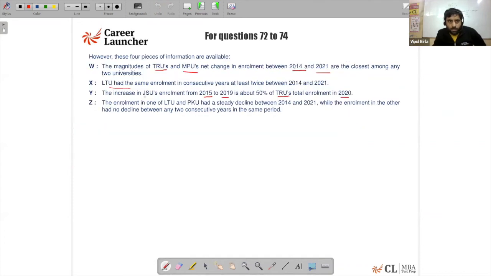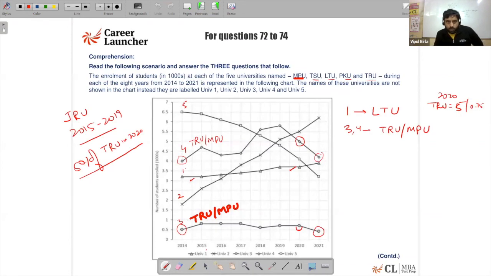So basically JSU's increase from 15 to 19. I know JSU will be either 2 or 5. For 5, there is no increase. So JSU has to be 2. So the increase from 15 to 19, the value is 5.2 approximately, and here it is 2.6.